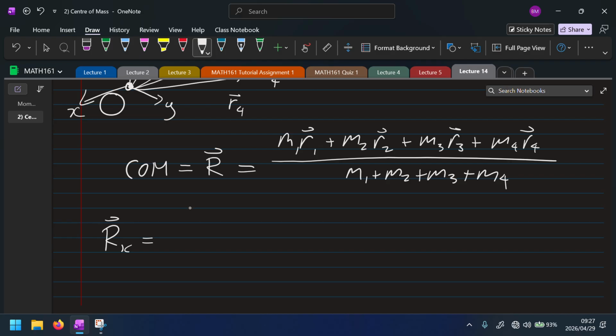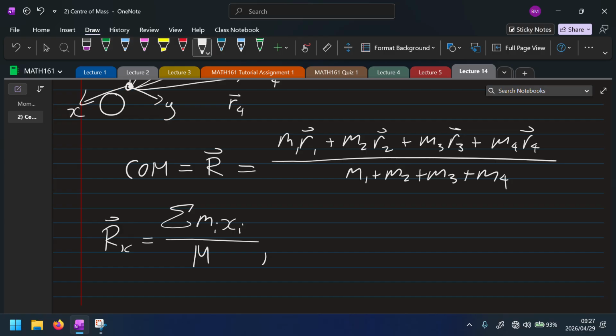That's going to be the sum of m_i x_i over m1 plus m2 plus m3 plus m4. That's just the total mass. Let's call that capital M.